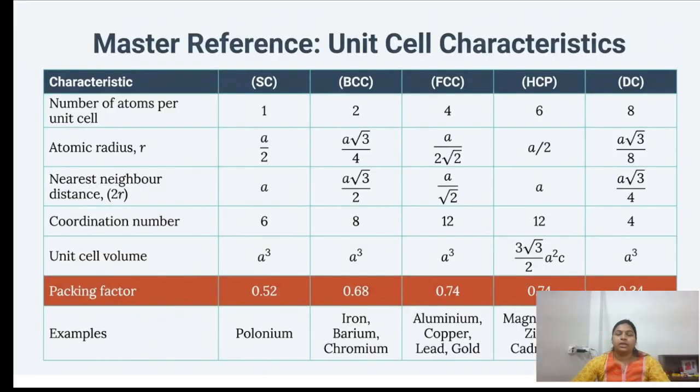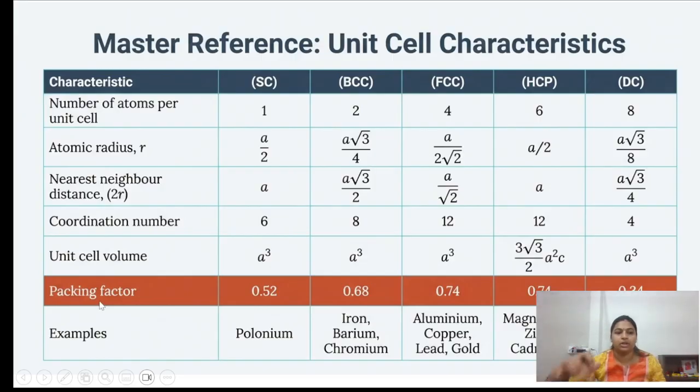Now let us compile the whole unit cell structure comparison with the other kinds of structure: simple, BCC, FCC, HCP, and DC structure. The number of atoms per unit cell goes from the simple to the more complex structure, starting from 1, 2, 4, 6, and 8. The atomic radius also increases.